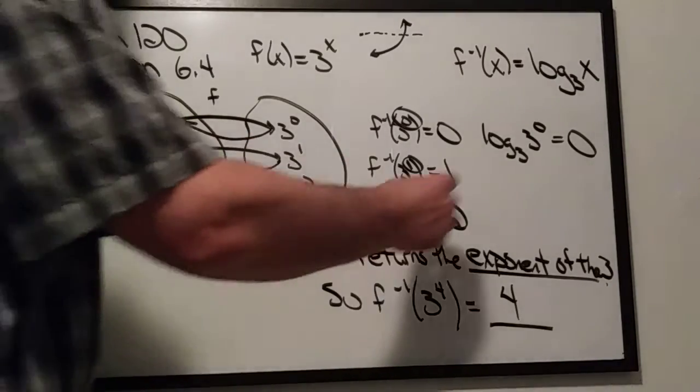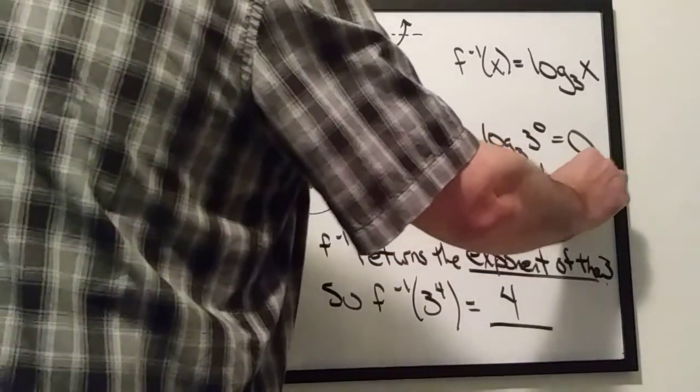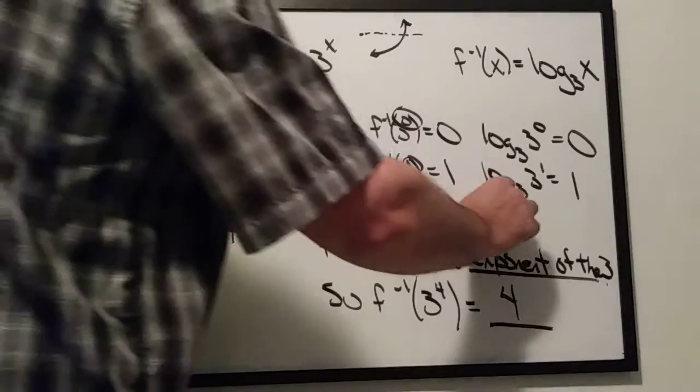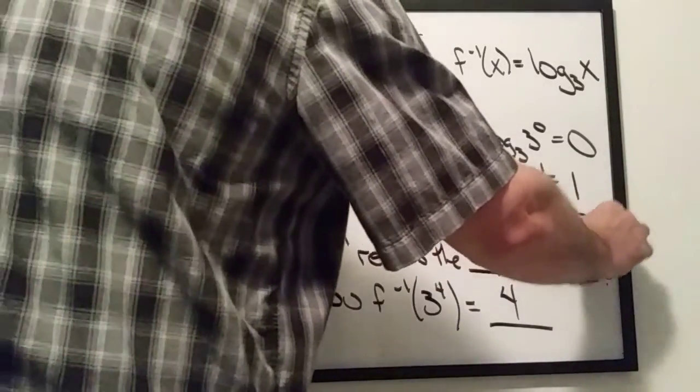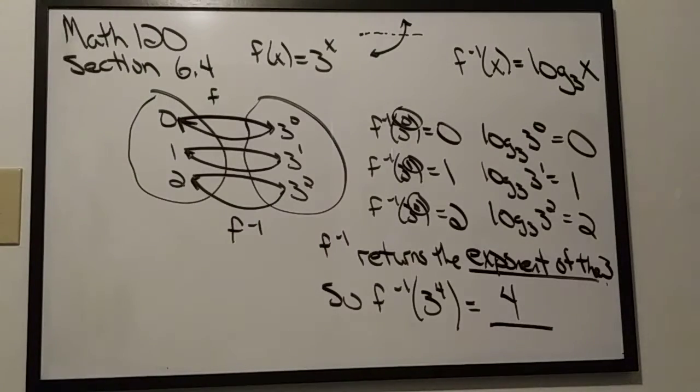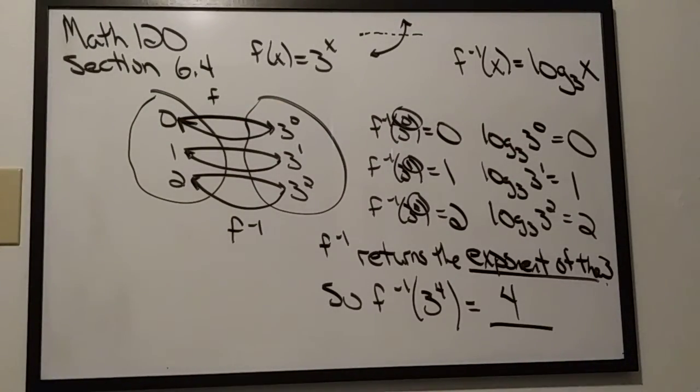Well, let's do the same thing for the next one. Log base 3 of 3 to the first is equal to 1. And the final one, log base 3 of 3 squared, is going to be 2. So as you look at this then, once again, what I want you to notice is that there's a pattern emerging here. Log base 3 is simply asking you, what is the power on your 3?